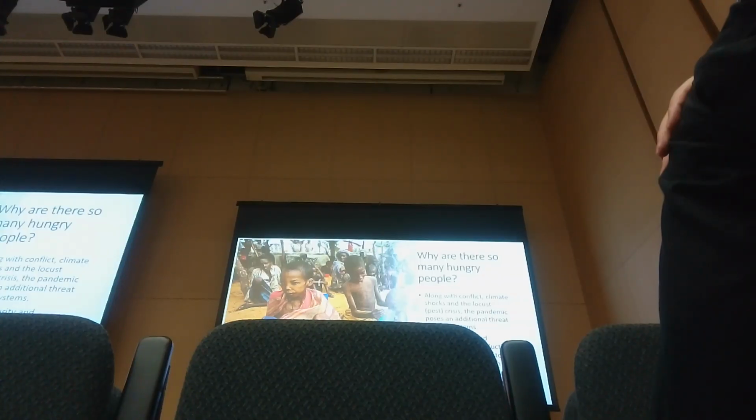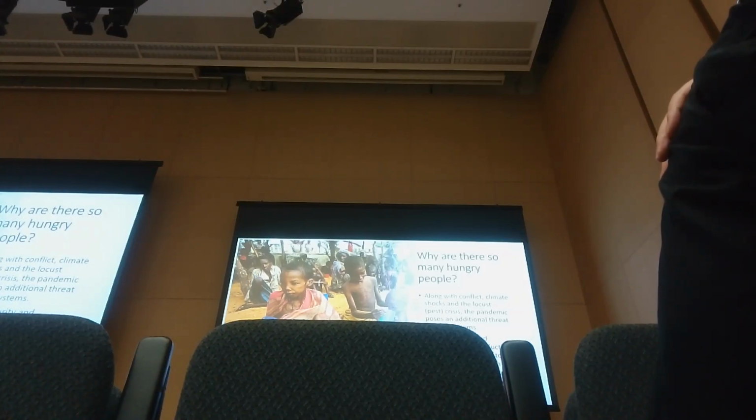And then, why are there so many hungry people? We discussed some of the factors. If you think about the areas with more hunger problems and their distribution over the global map, I guess you can recognize some of them, like climate or conflict, in terms of political instability.